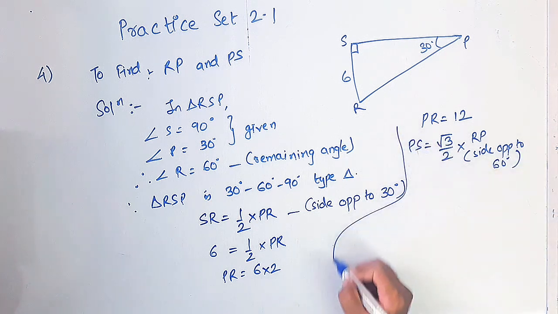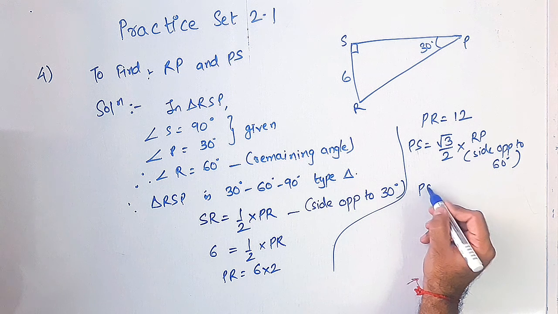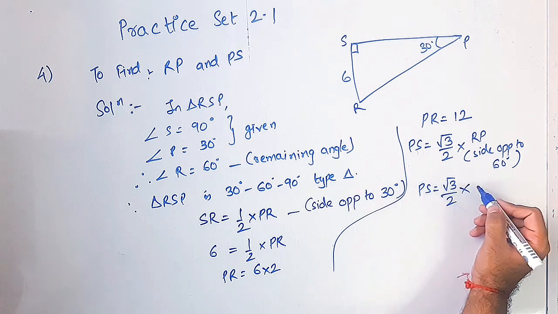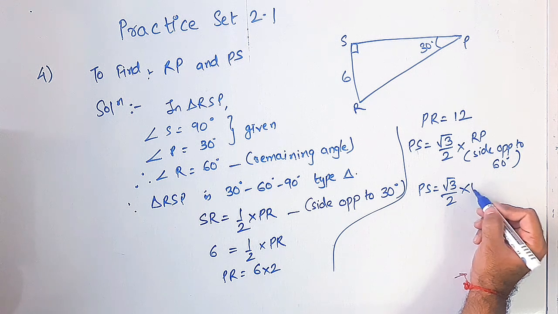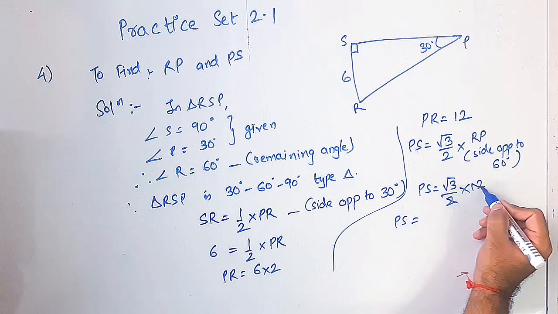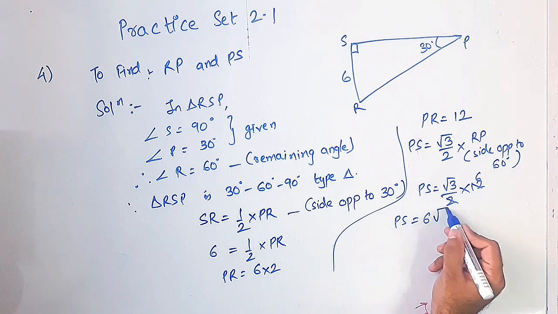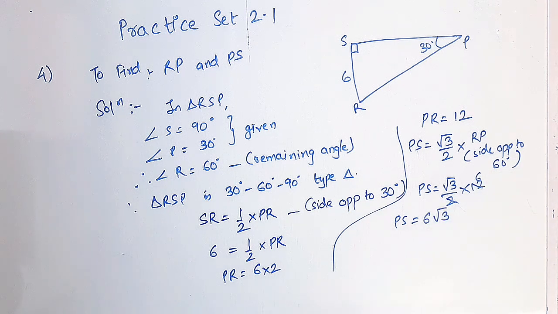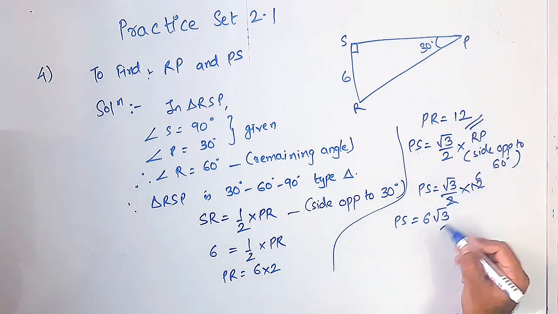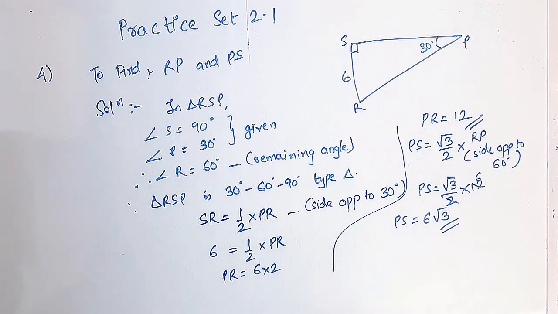So PS is equal to root 3 upon 2 of RP. RP is how much? 12. So PS is equal to 2 ones are 2, 6 are. What is it? 6 root 3. So you got PR is equal to 12 and PS is equal to 6 root 3.